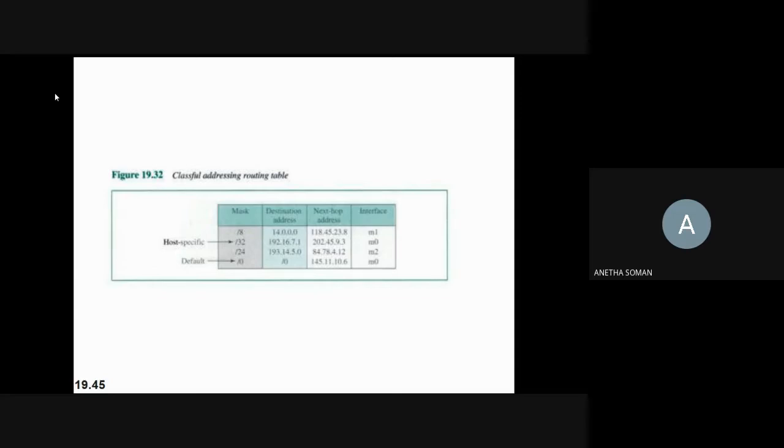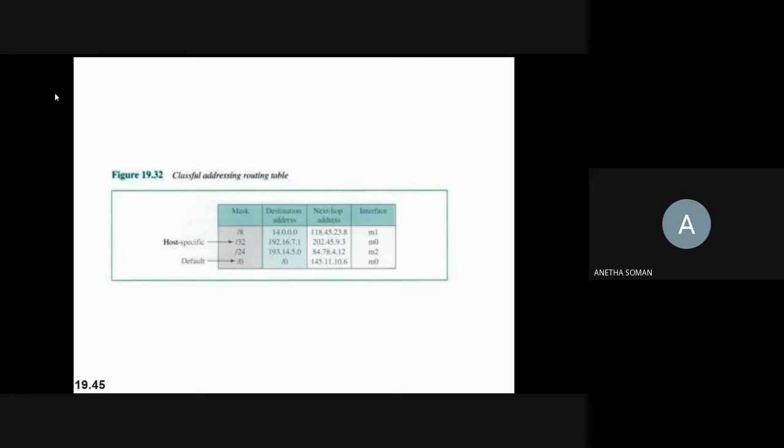Now suppose the destination is not found in that table. Then the packet will be delivered to the default router. A default router will be there, so the packet will be delivered to that router. What I meant to say is that in classful addressing, a minimum of 4 columns are required in a routing table.